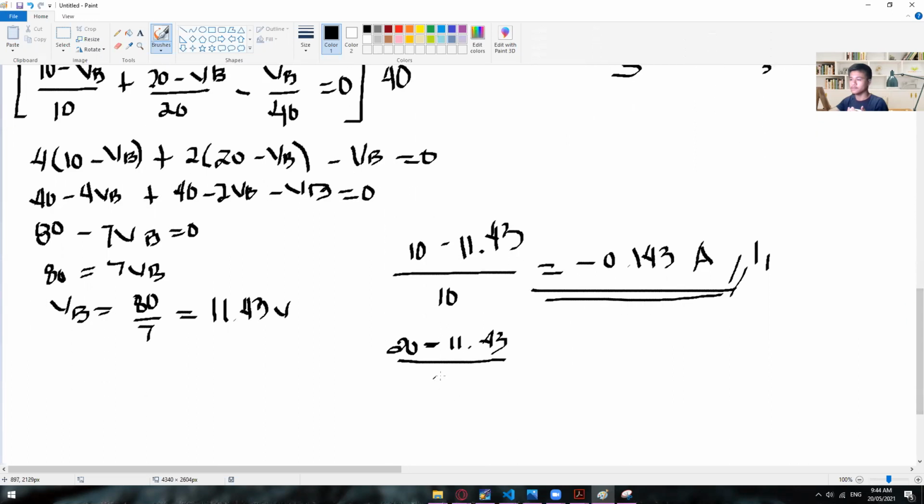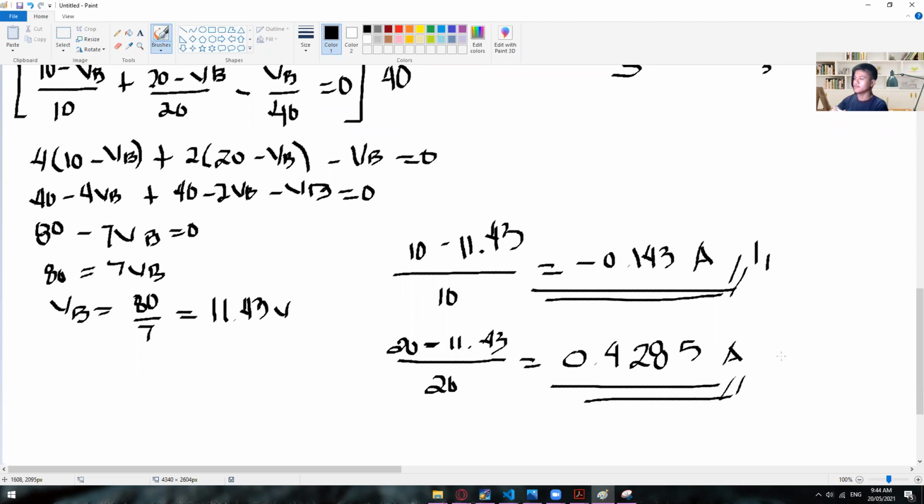It's 20. So this will give us a value of 0.4285 amps, which is your I2.